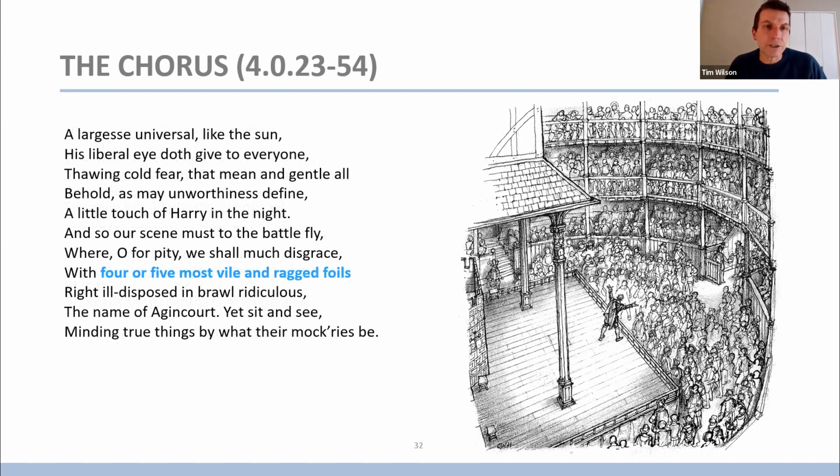A largesse universal, like the sun, his liberal eye doth give to everyone, thawing cold fear, that mean and gentle all behold, as may unworthiness define, a little touch of Harry in the night. And so our scene must to the battle fly, where, oh, for pity, we shall much disgrace with four or five most vile and ragged foils, right ill disposed in brawl ridiculous, the name of Agincourt. Yet sit and see, minding true things by what their mockeries be.